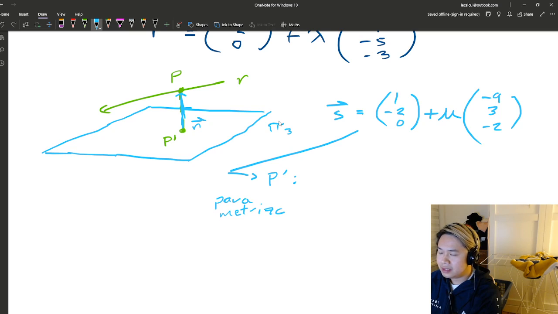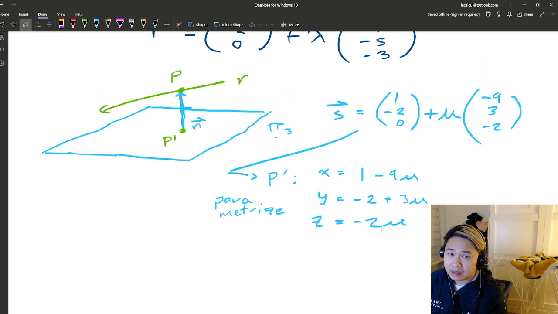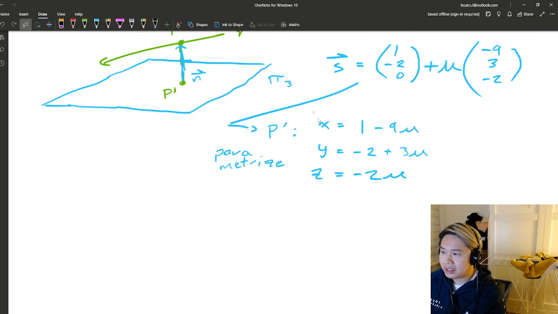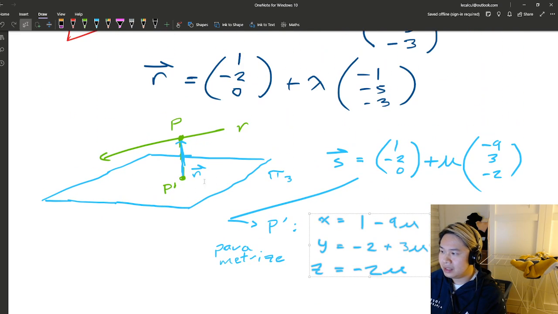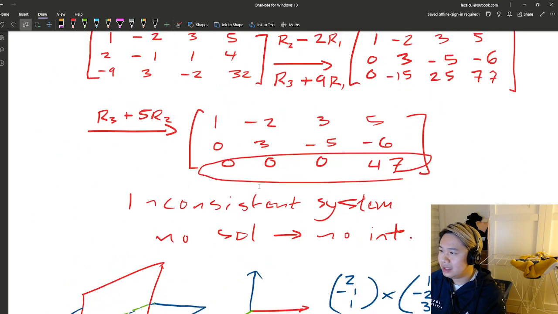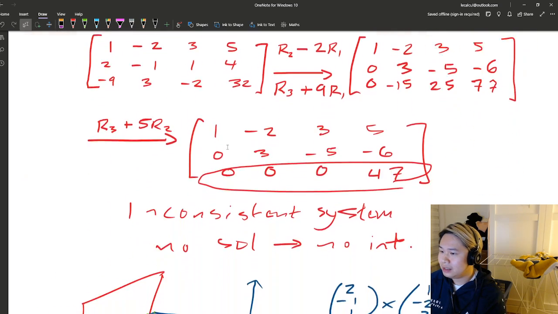My x is going to be 1 minus 9 mu. My y is going to be -2 plus 3 mu. And my z is going to be -2 mu. So according to the vector equation of this line, point P prime must be in this format. And at the same time, these x, y, and z need to belong in the plane, so I can plug those in for x, y, and z in the plane equation.